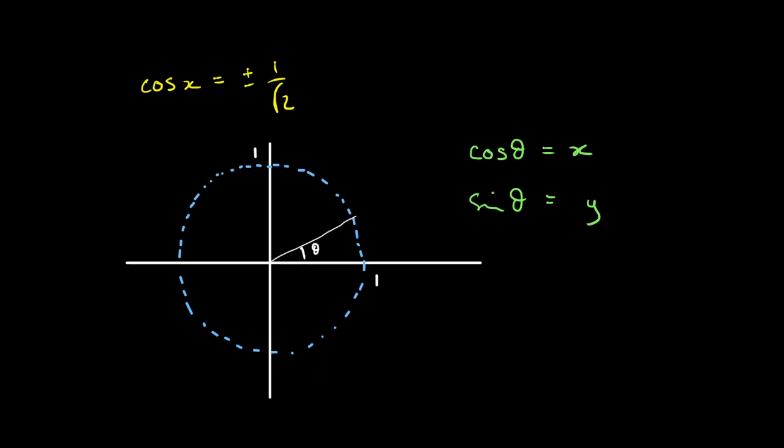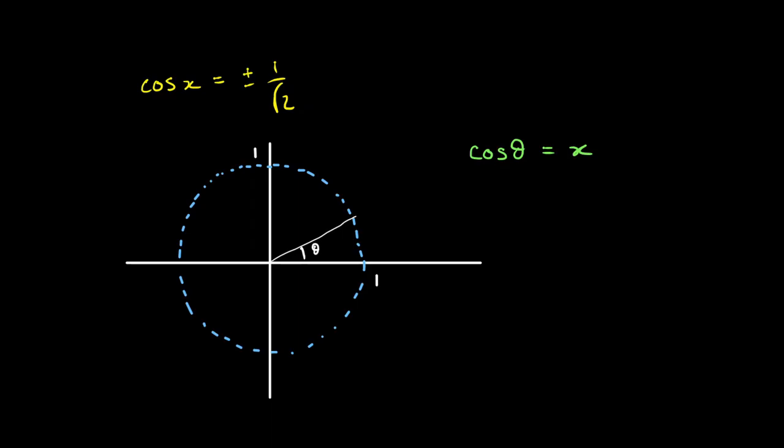Now, we're not interested in sine at this point in this question, so I'm going to get rid of that. We're just interested in solving cos theta is equal to plus or minus 1 upon root 2. Well, if we want to solve that, what we're really saying is, what are the angles where the x coordinate is plus or minus 1 upon root 2, right?